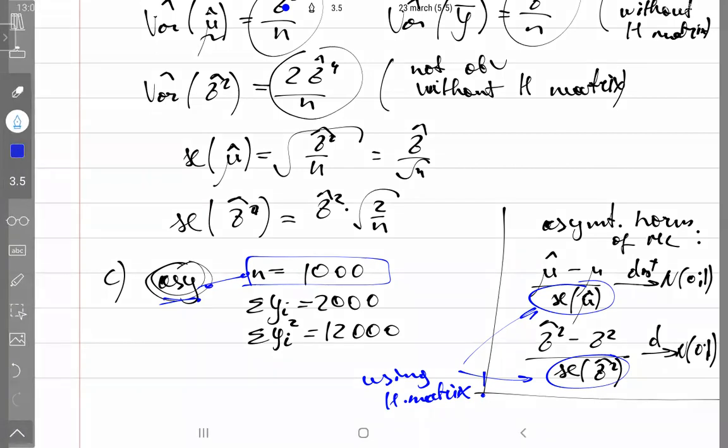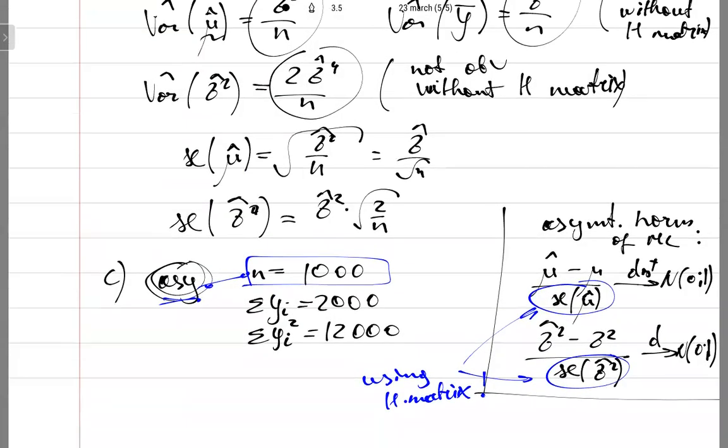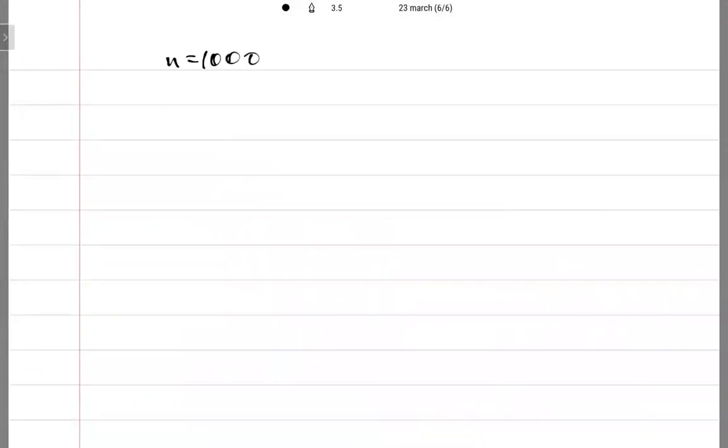Okay, so in our case, let's be brave. If n is 1000 and sum of y is 2000, then we immediately conclude that y bar is 2, so mu hat is 2.